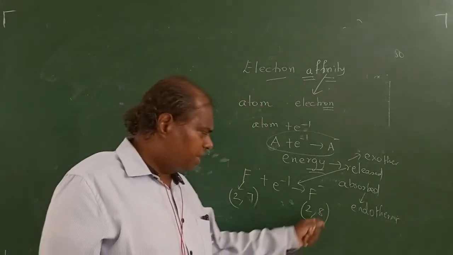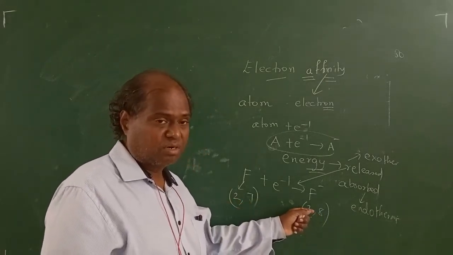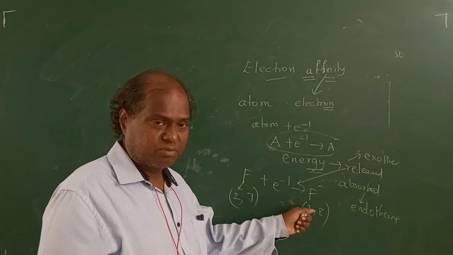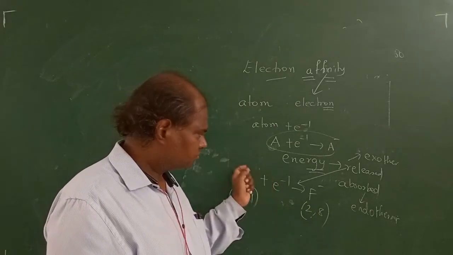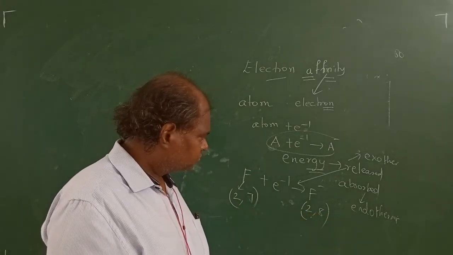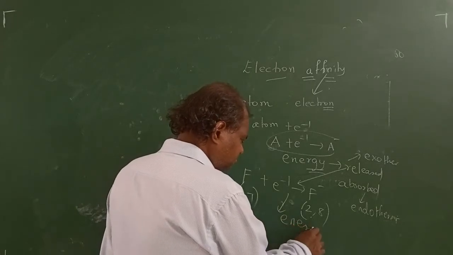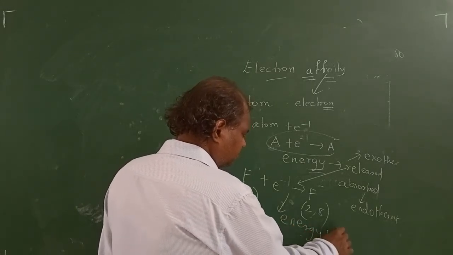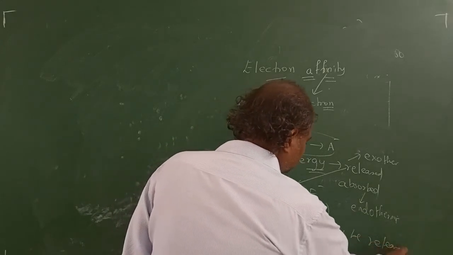Now you tell me, is 2 8 more stable or 2 7? Very good, 2 8 is more stable, the octet. So fluorine will accept one electron because it likes to have an octet. So in this case, energy will be released. Please remember that.